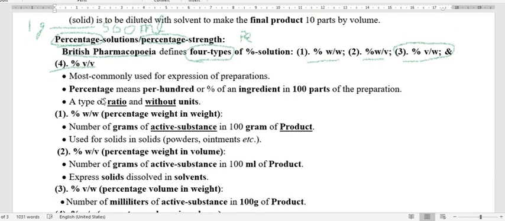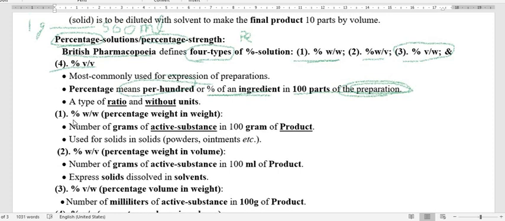So percent is simply per 100, as we already mentioned. The percentage of active constituent, that is, the amount of active constituent present in 100 parts of the preparation, that is the final volume, that is the final concentration, is simply called the percentage. So let us start with the first one, that is the percentage weight by weight.